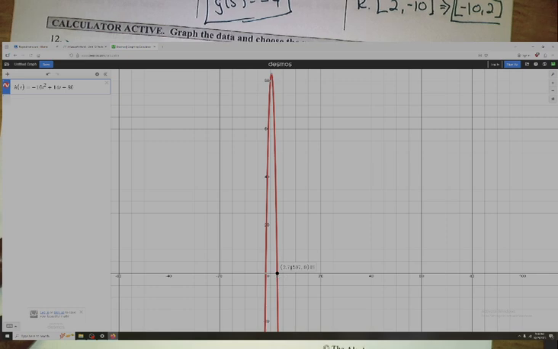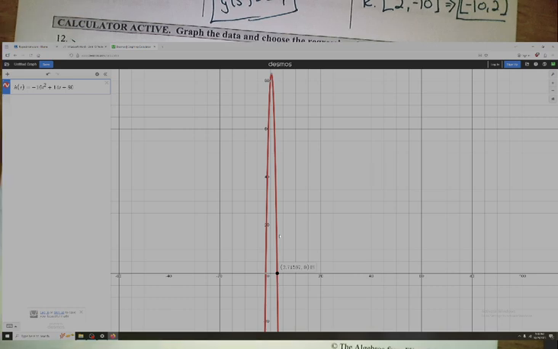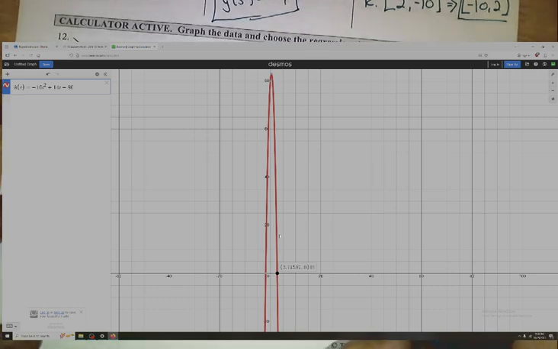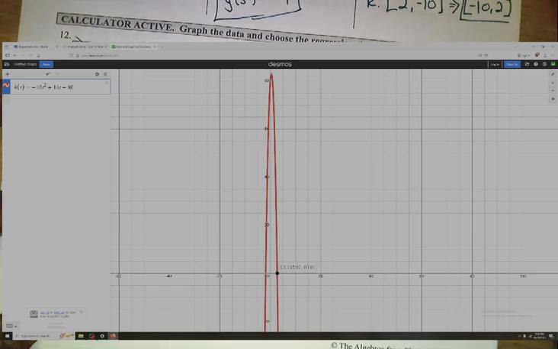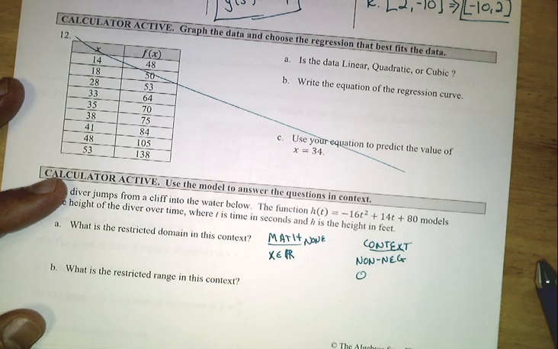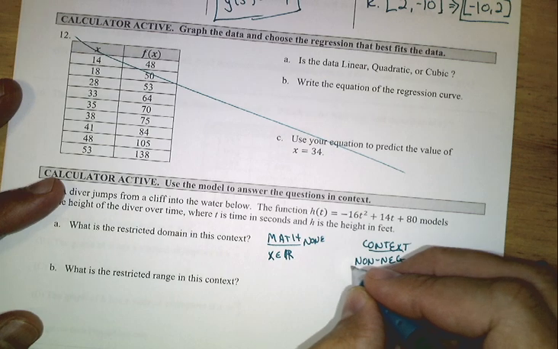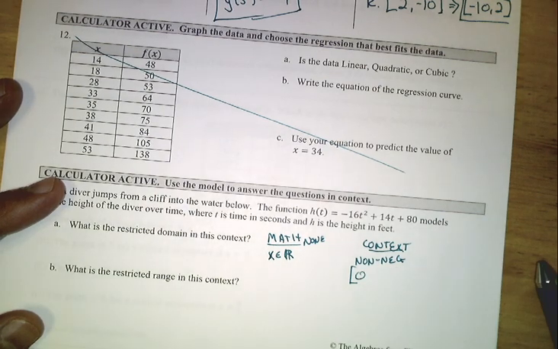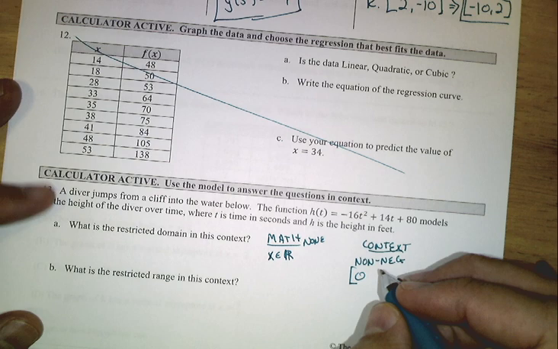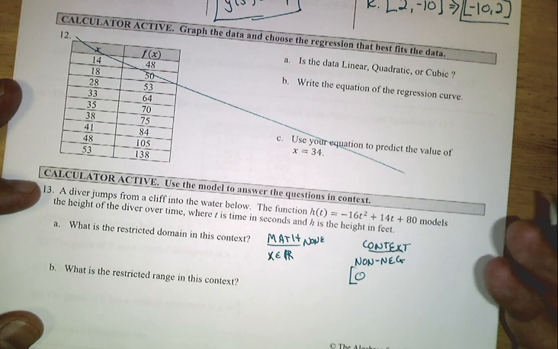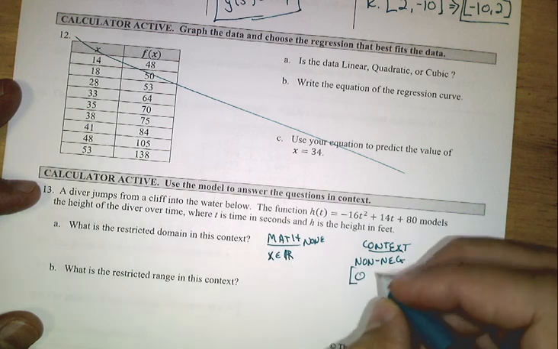So it should be right around there. Because he's going to hit the ground, it's going to be from 0. 0 is the starting point all the way until the diver hits, well, hopefully the water, I guess, not so much the ground.